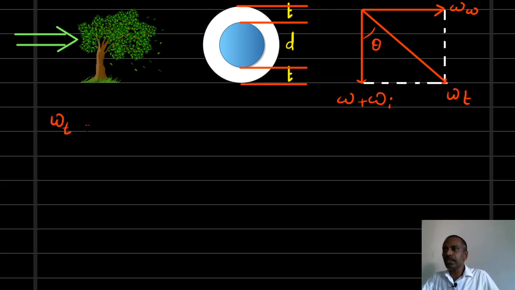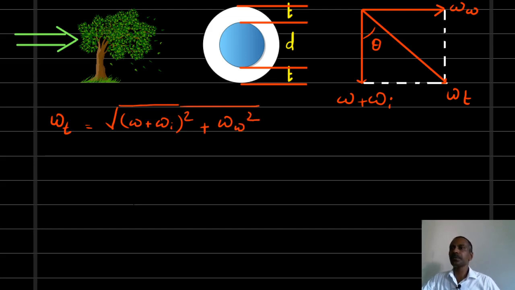So Wt is equal to root of (W plus Wi) the whole square plus Ww the whole square. So now we need to find out these three parameters separately: weight of the conductor, weight of ice coating, and weight due to the wind.